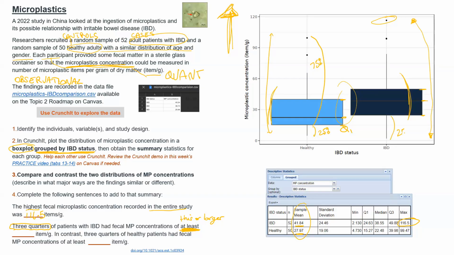So you can see from the graph that the value of the first quartile is roughly around 15 for the healthy individuals and maybe around 25 for the patients with IBD. From the summary statistics, we see that those values are 24.6 and 15.3 items per gram for the patients with IBD versus the healthy patients, respectively.